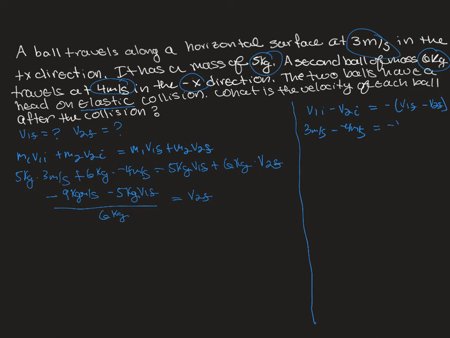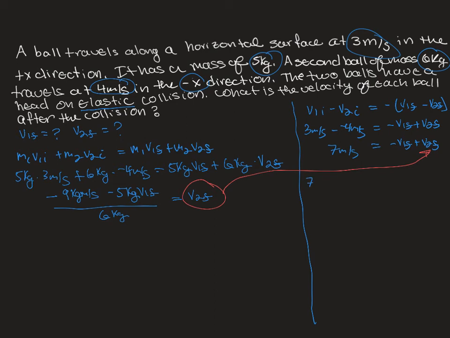And I'm going to distribute this minus sign in here. Alright, so on the left side I get 7 because minus a negative becomes a positive. Alright, so now I can take and sub this in for here.